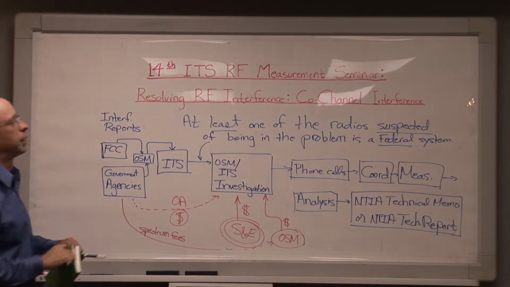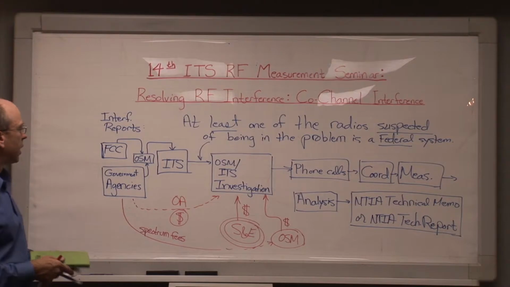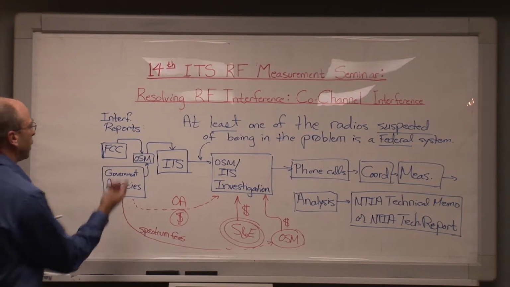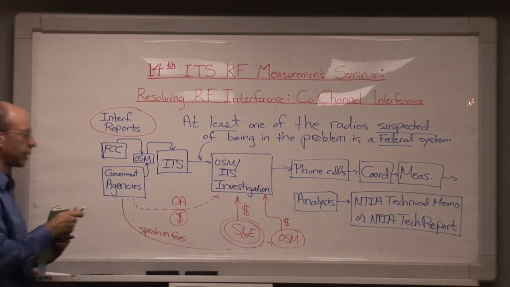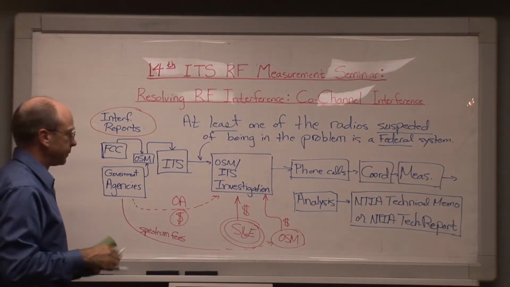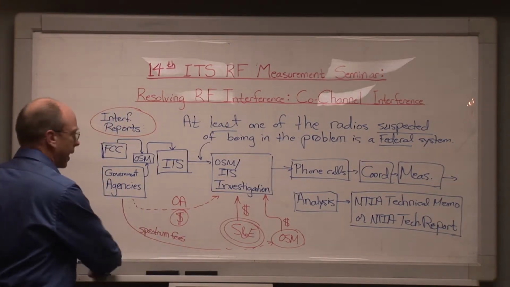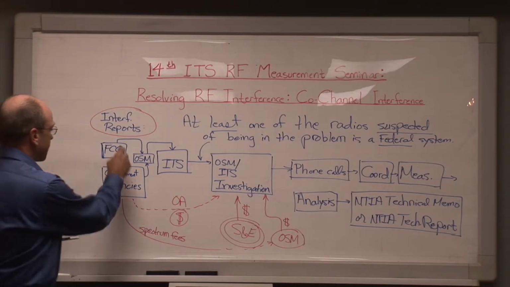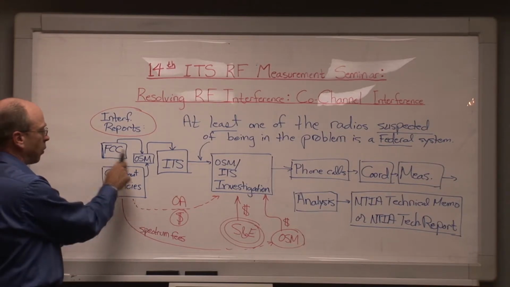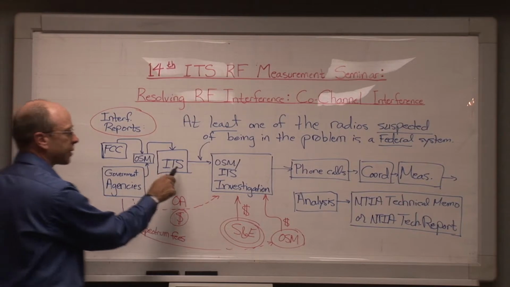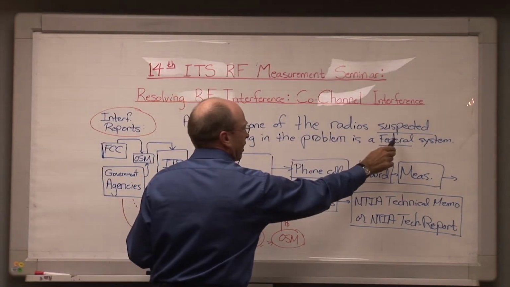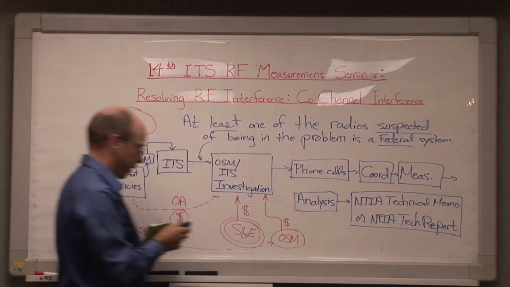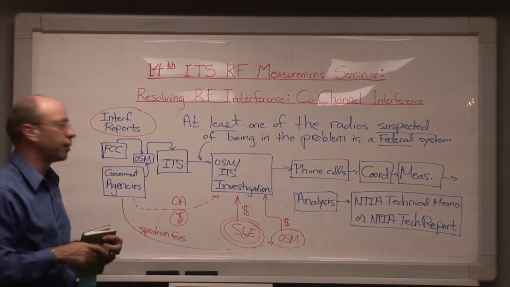But that's the basic idea behind, first of all, getting the interference reports, and second of all, getting the funding together. So, suppose that we've gotten this far. The FCC and or government agencies have reported to OSM and then over to ITS that they believe that some radios that are federal government radios are either getting interference or are producing interference or both.